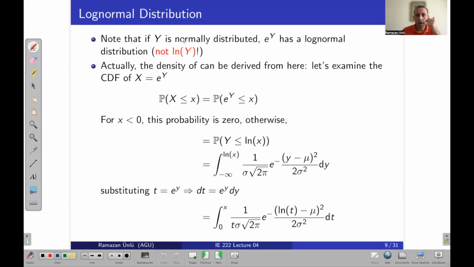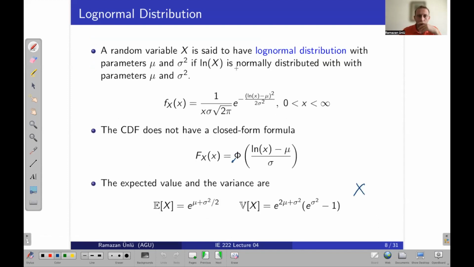So if y is normally distributed, then we can say that e to the power y has a log normal distribution. Also, if ln of x is normally distributed, we can say that x is log normal distributed, okay?